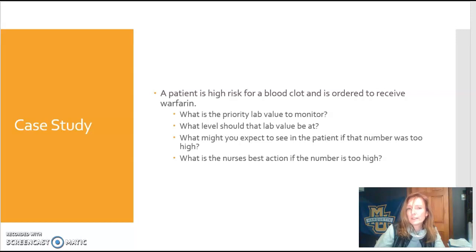Let's say it was 3.6, 3.7. What would you notice? Right, maybe nothing. It might just be a little bit higher. So you need to assess the patient, find out, are they bleeding? If it's very high, they may have excessive bruising, bleeding. You want to notify the provider, absolutely. And if they're overdosed on that, their number is through the roof, then you're going to administer the antidote for that drug. Excellent. Great job.